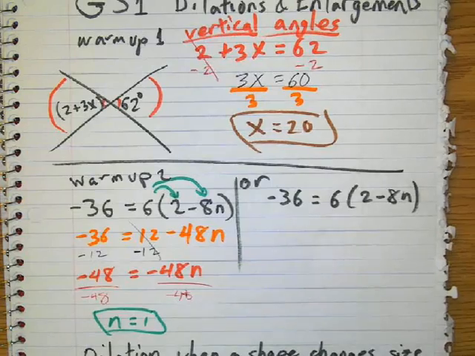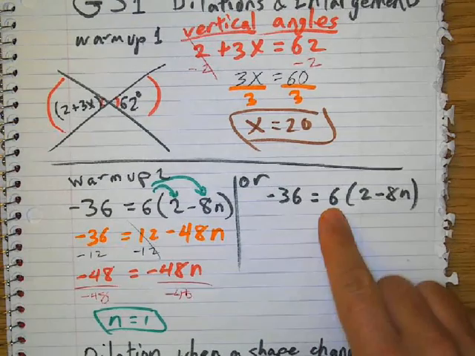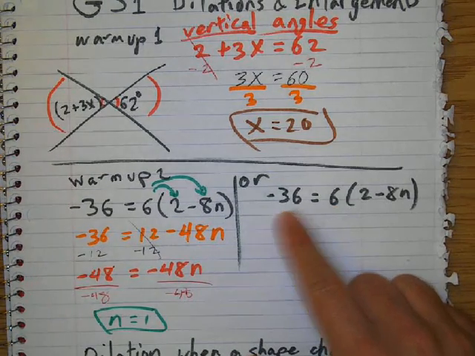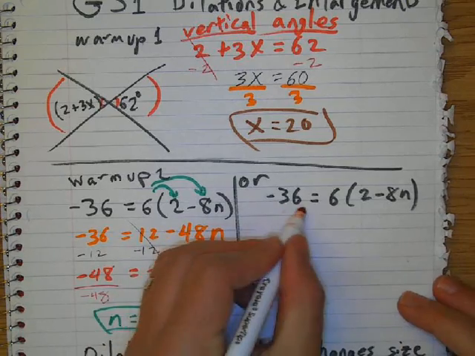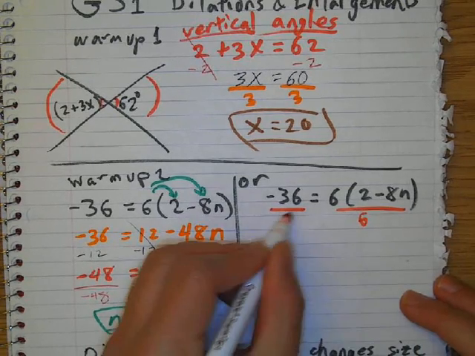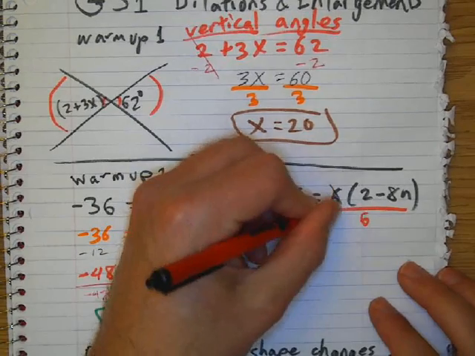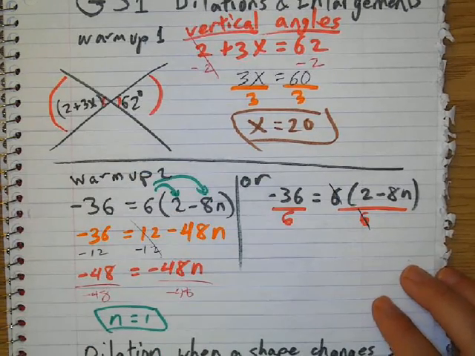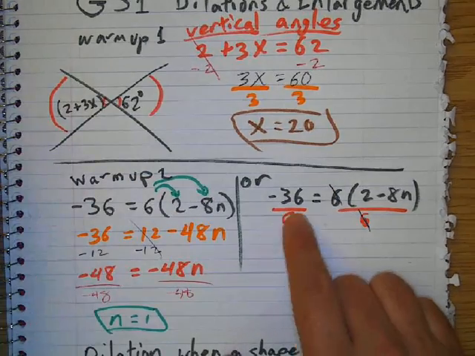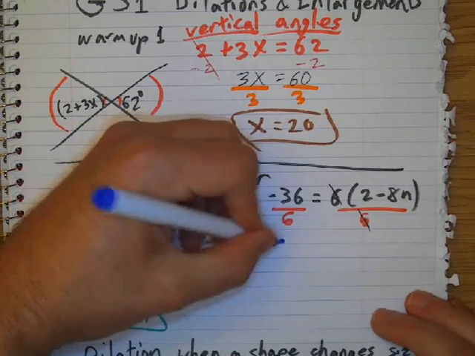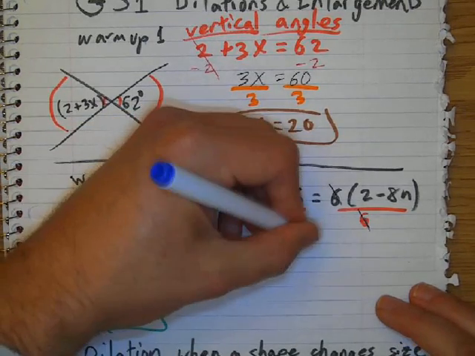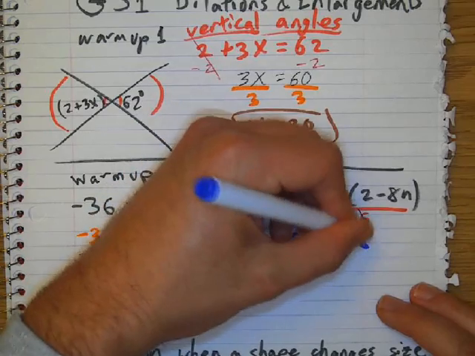If you had noticed that 6 goes into 36 6 times, so I could have divided both sides by 6, and if I had done that, then this would have canceled out. And then I have negative 36 divided by 6 is negative 6 equals 2 minus 8n.